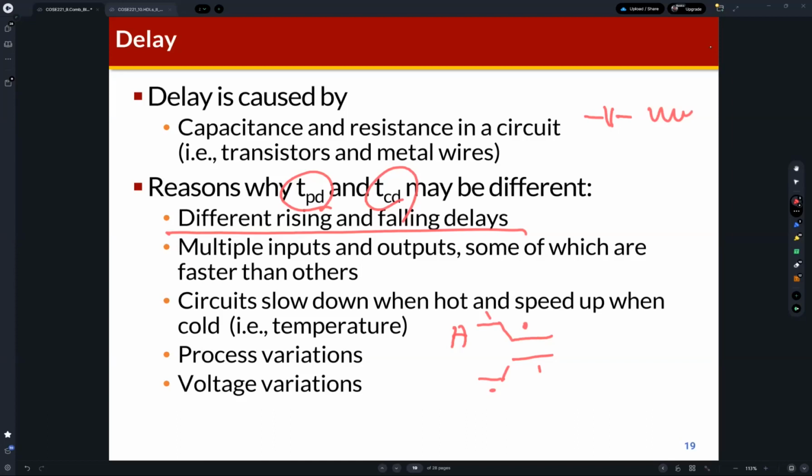So when the input changes from 1 to 0, it's falling, and if the input changes from 0 to 1, the delay of the circuit is different. That's the main reason.